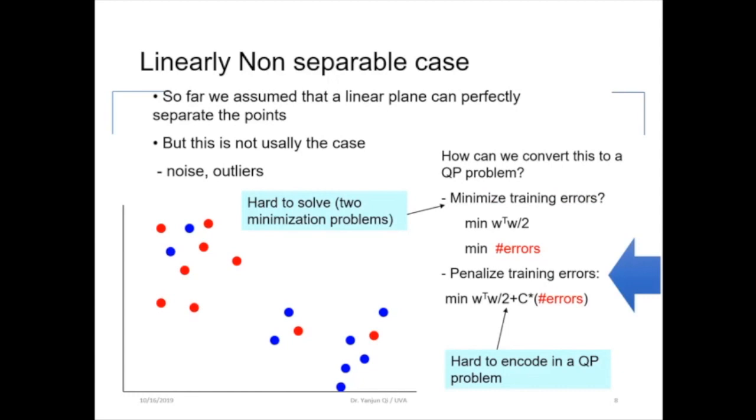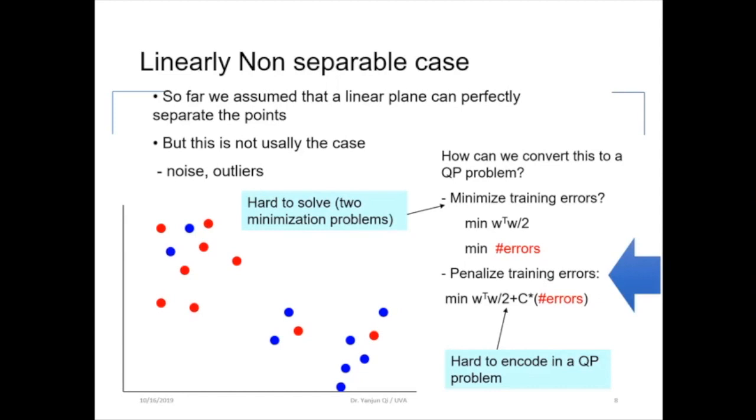The easy way to combine them is to minimize W transpose W over 2 plus the number of errors, using a hyperparameter called C that shows the trade-off between the number of errors I'm allowing versus the margin I'm trying to maximize.